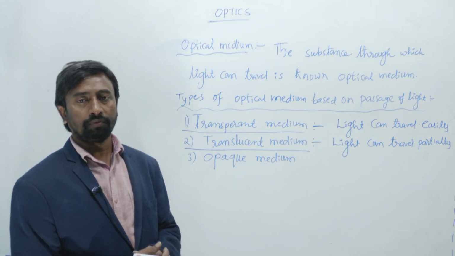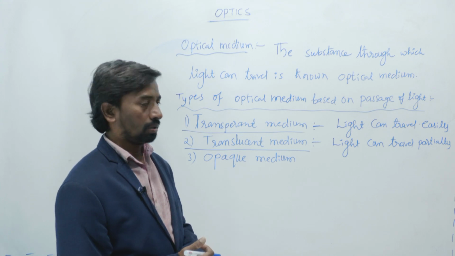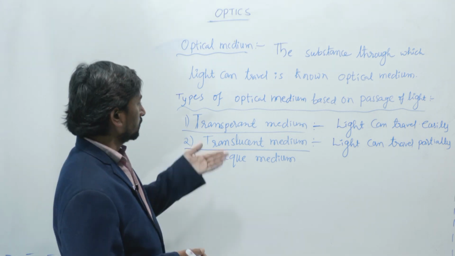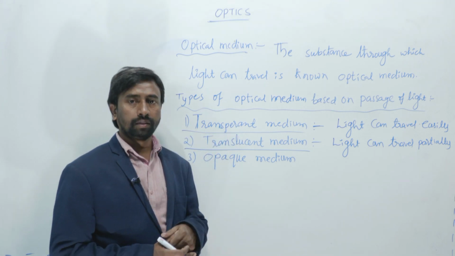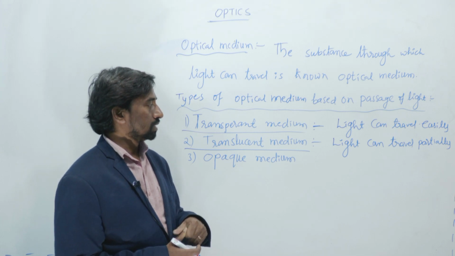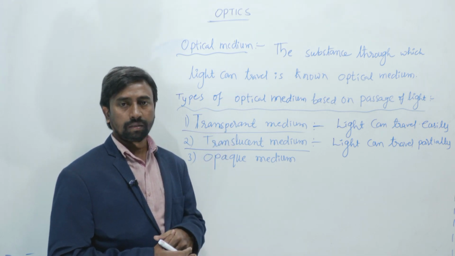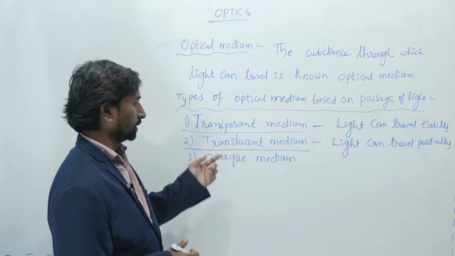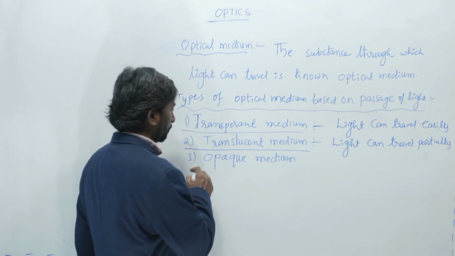The whole amount of light cannot travel through the object, so we cannot see the objects behind them. But in the transparent medium, we can clearly and distinctly see the objects behind that substance. That is the transparent medium and the translucent medium. And now, opaque medium.